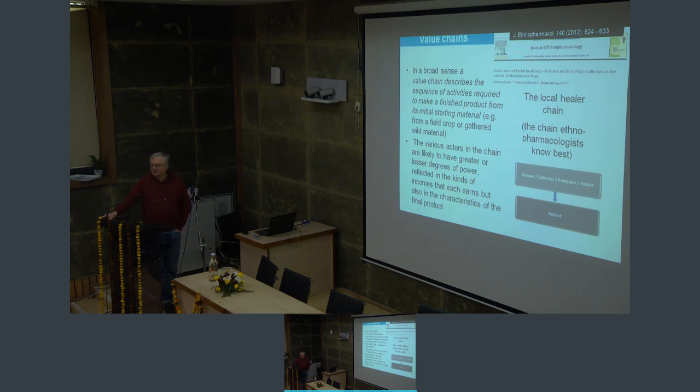Now, a value chain is something a pharmaceutical scientist would not normally deal with. It's the understanding of how a product is manufactured, what the benefits are. So, the sequence of activities required to make a finished product from its initial starting material, from a field or crop to the finished product.